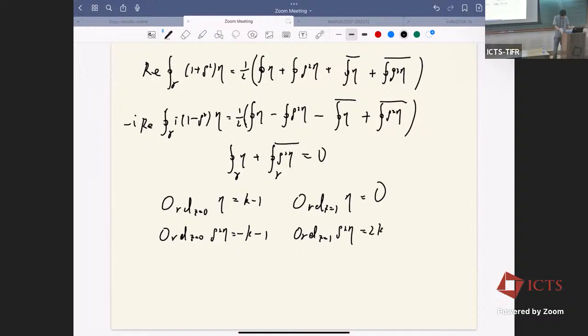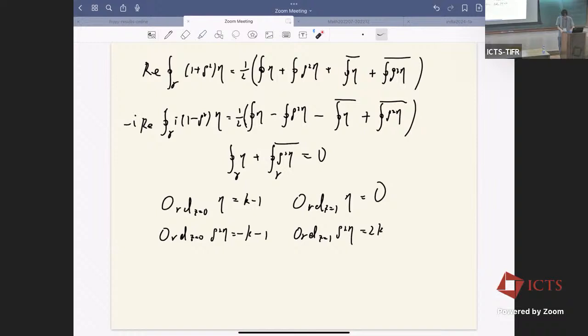So eta has a zero of order k plus 1 at z equals 0, and eta is a regular, non-zero, non-pole point at z equal to 1. And g squared eta has a pole of order k plus 1 at z equal to 0, and g squared eta has a zero of order 2k.